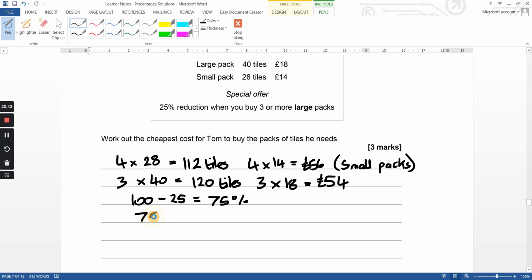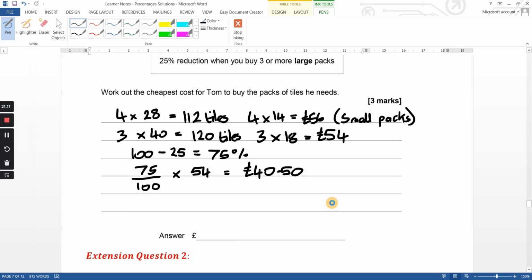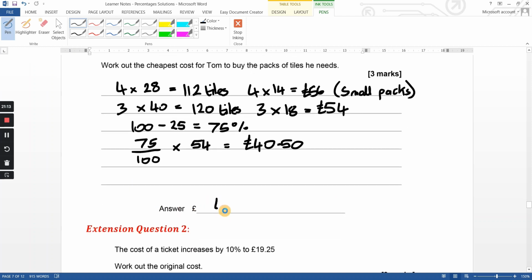So if I work out 75% of 54, that's going to give me my answer straight away, which is £40.50. Yep, and that's going to be your answer. So yeah, that's definitely the cheapest option. Work out the cheapest cost, £40.50.